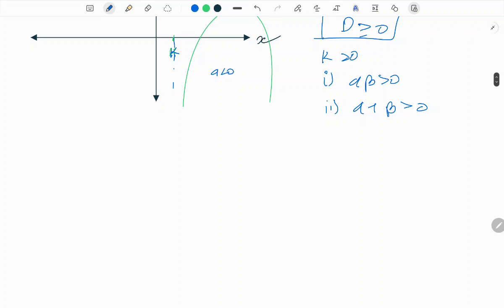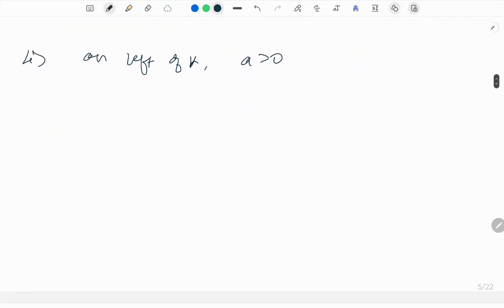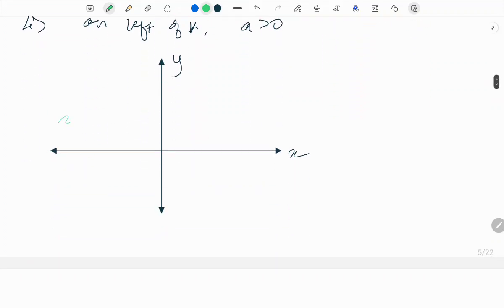Now let us look at the fourth case, which is on the left of k and a is greater than 0. So we'll draw the graph very quickly and no time to waste. So now this is the x-axis, this is the y-axis, and this is our graph.